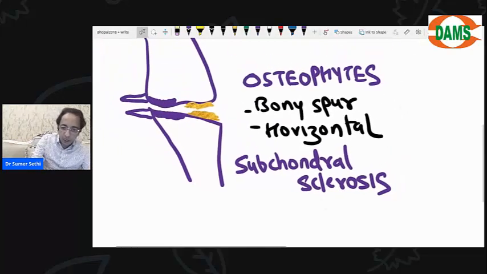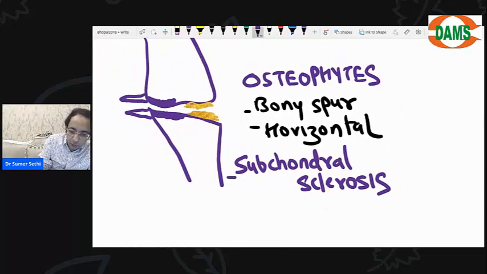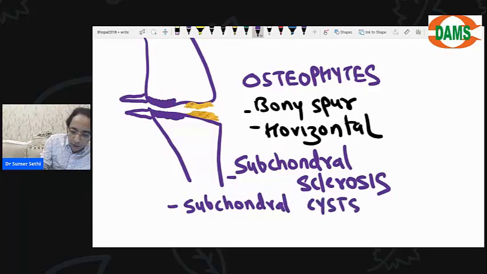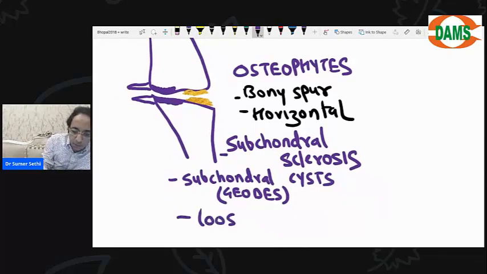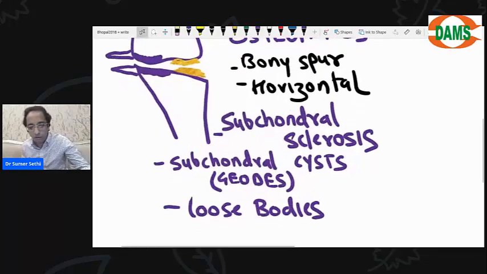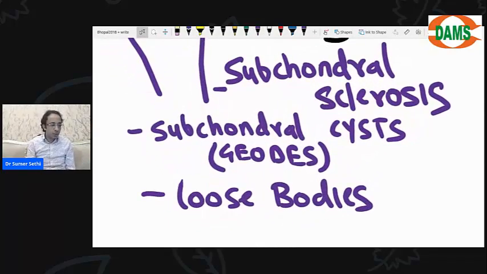Another point to remember is that sometimes when the bones are hitting against each other, you will form subchondral cysts which are called geodes, and you might also form loose bodies. कोई हड्डी का टुकड़ा टूट गया, so it will float in the joint, we call it loose bodies.